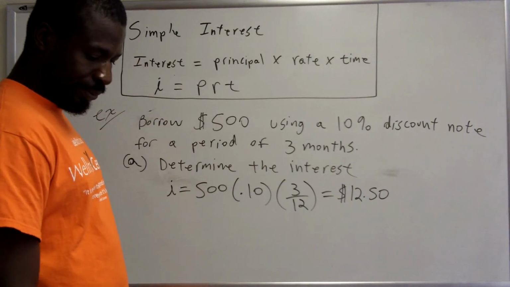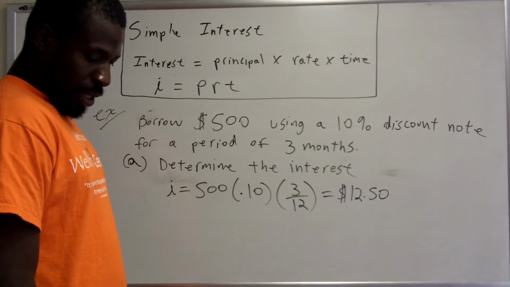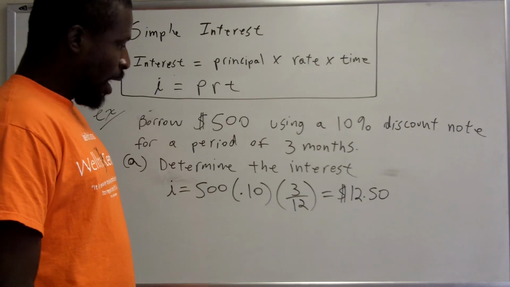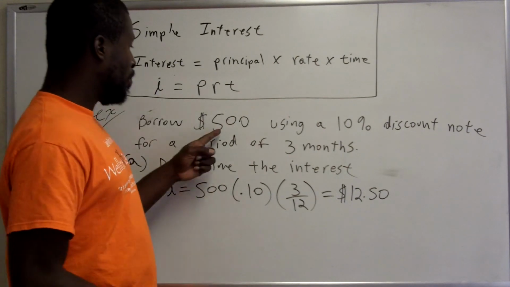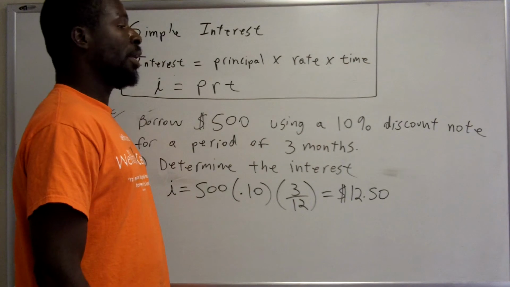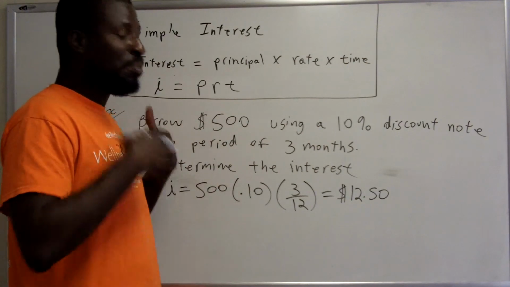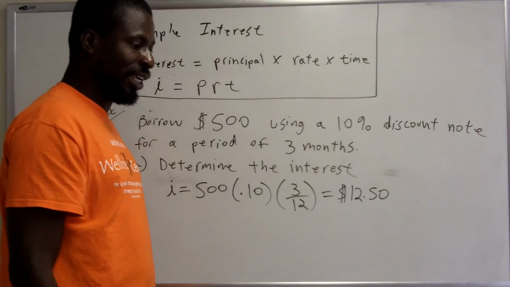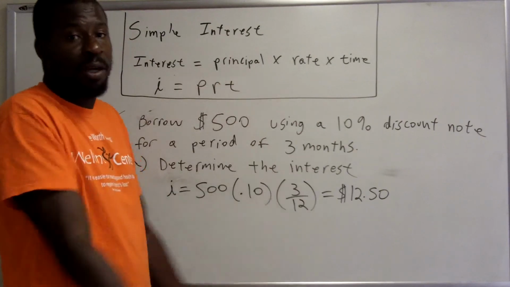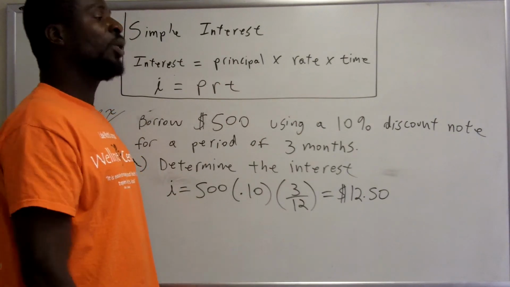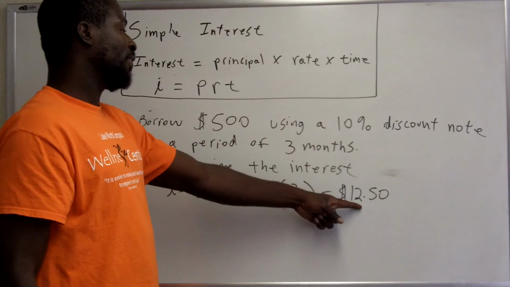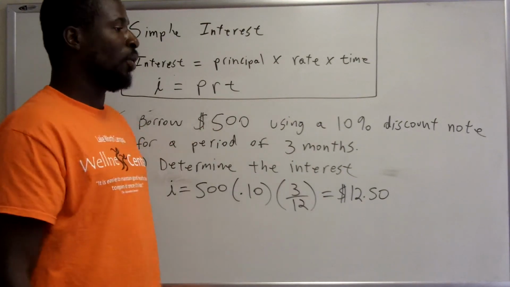The second part, that means that when you go to borrow this $500, to get the $500, you immediately have to pay $12.50. Now you can either pay the $12.50 separately, or you can take the $12.50 out of the amount of the loan.